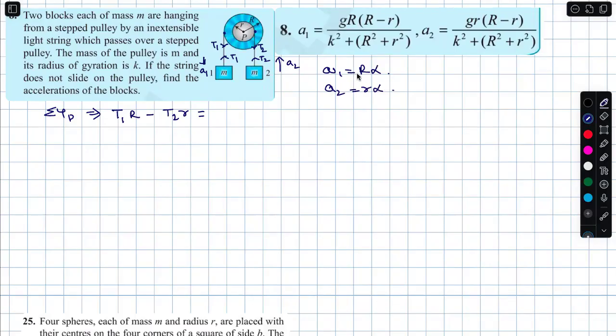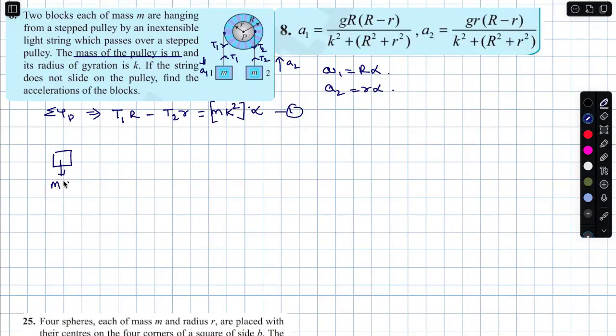Any doubts? Right. And this is your radius of gyration K, which means moment of inertia is Mk square. Mass of the pulley is also M. Torque equals Mk square alpha. Hold on. This is the first equation. For the first block, what is happening?